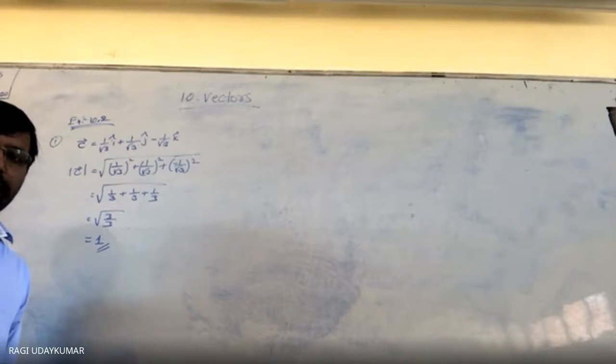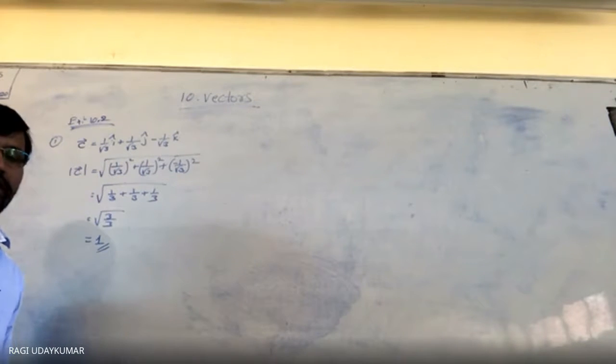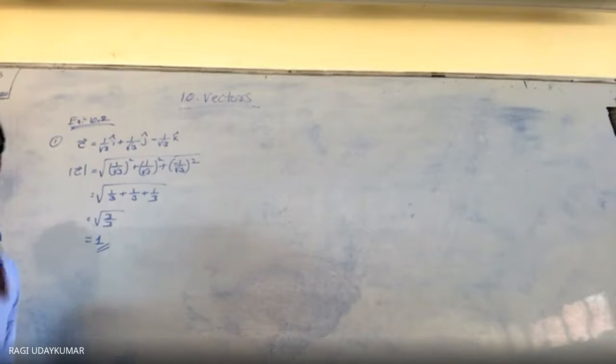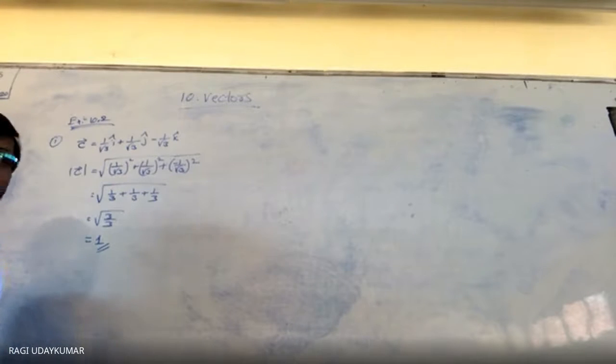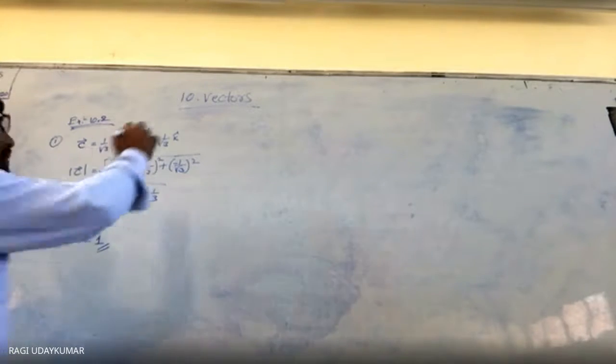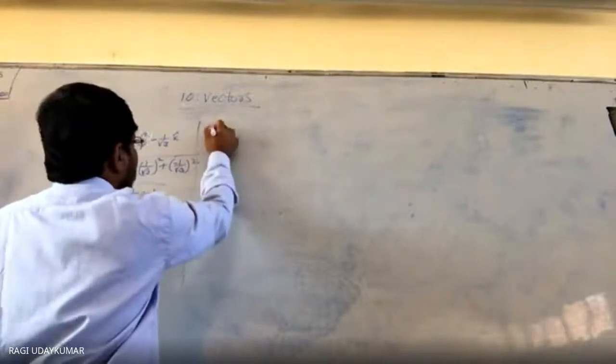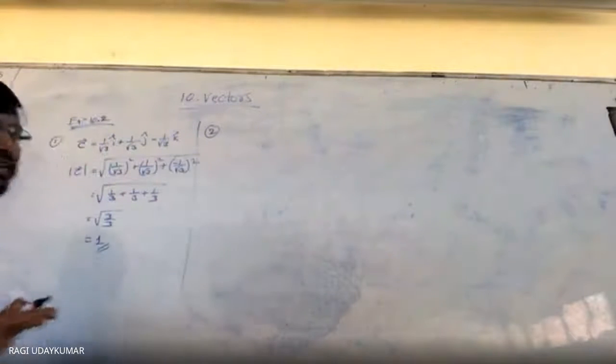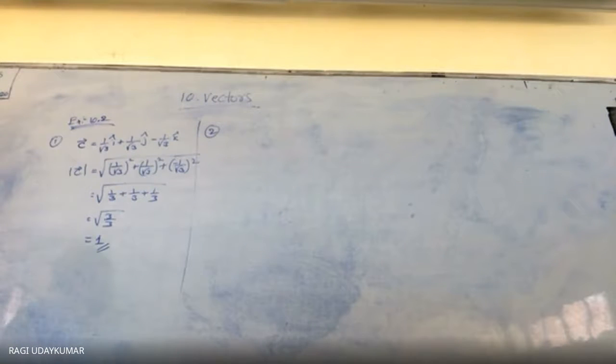The vector whose magnitude is equal to 1 is called a unit vector. If the magnitude is equal to 1, it is called a unit vector. So like this, you can find the magnitude of any vector. A vector whose magnitude is equal to 1 is called a unit vector.